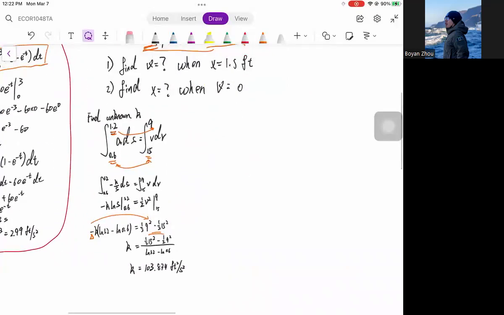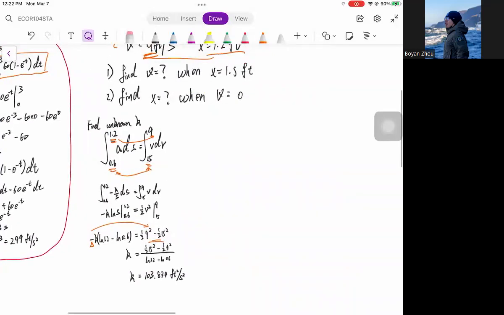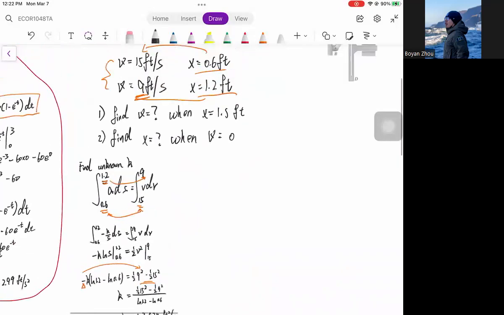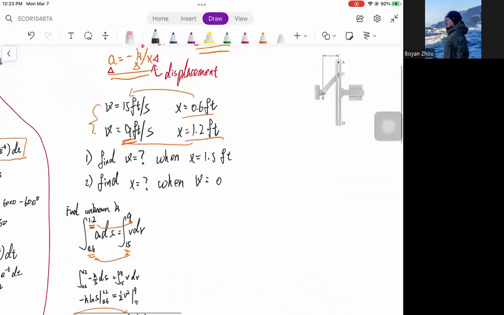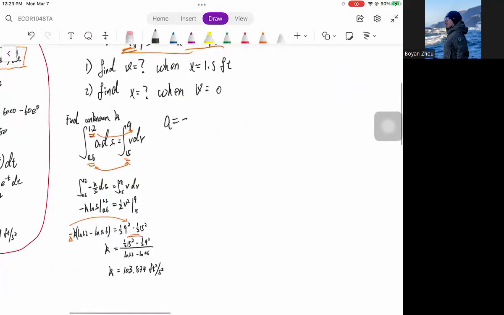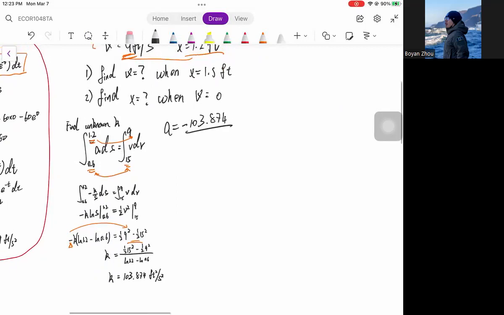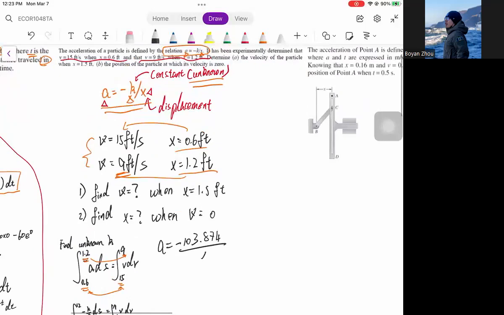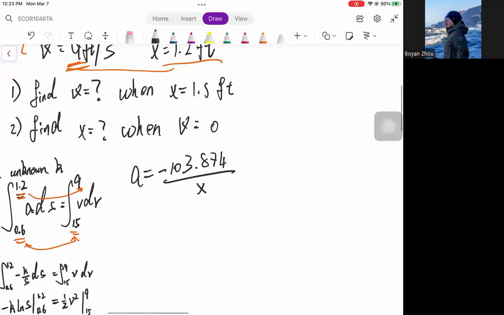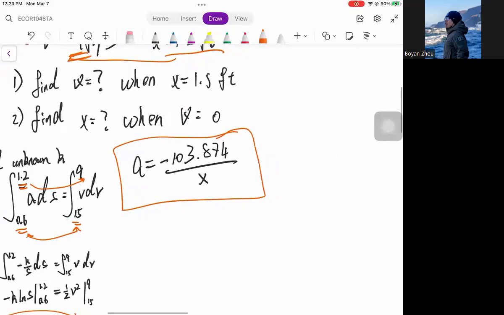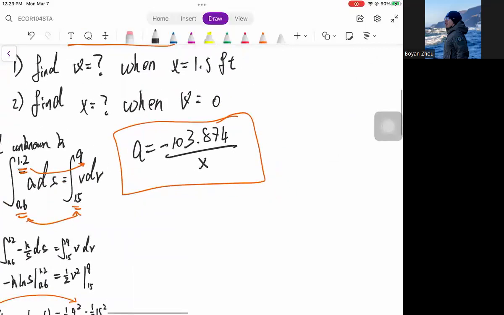After we have the k, we can finish the equation on the top. So we know a is equal to negative 103.874 over x. So that is the full equation between acceleration and the displacement.